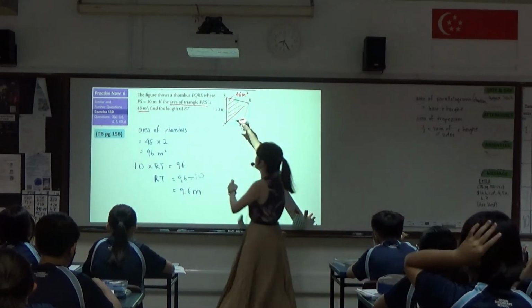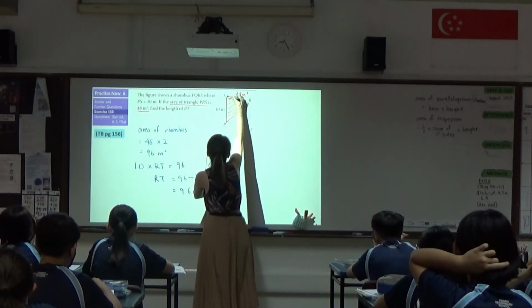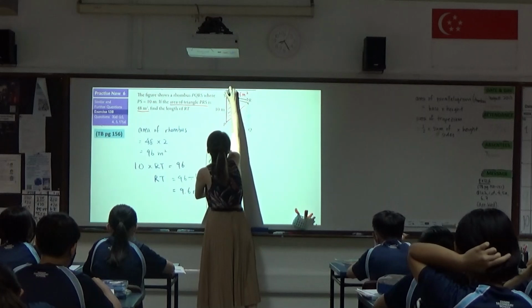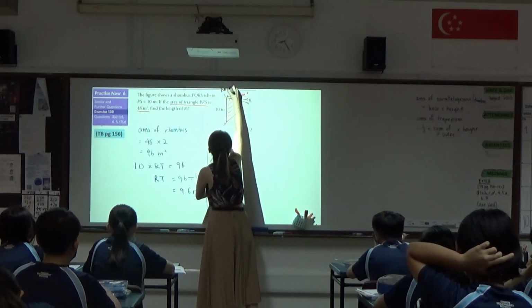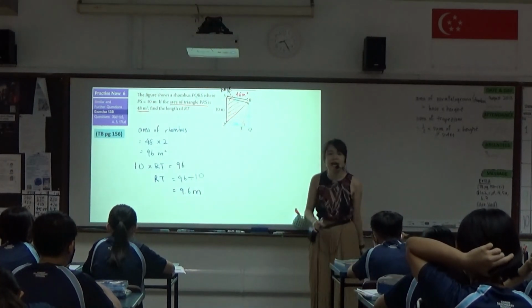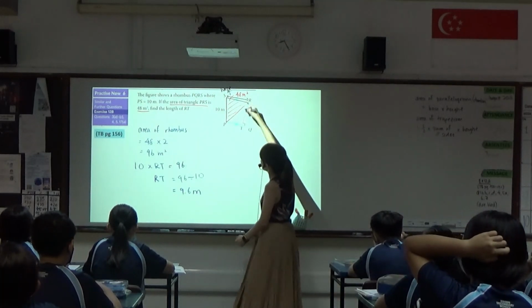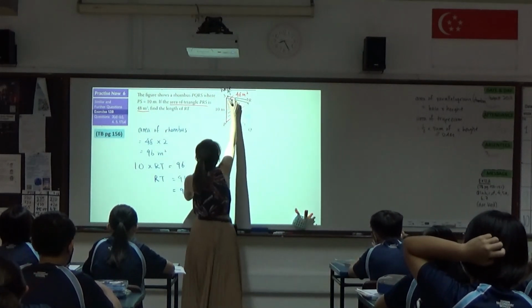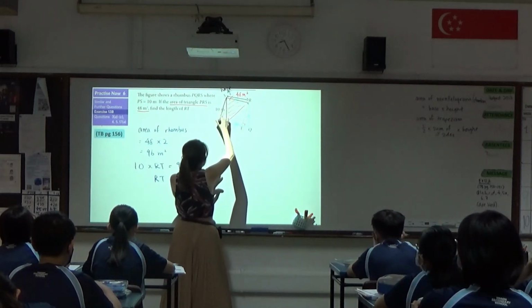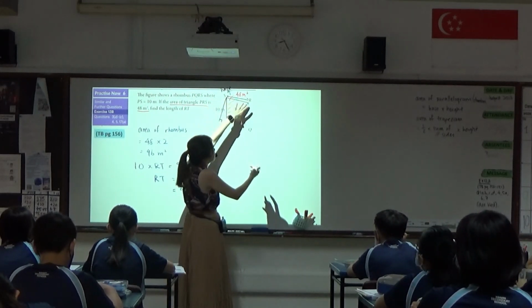Okay, I know that if I take this as the base, where would the height actually be? Okay, the height will actually be this over here. It will be the same line, same length as RT.